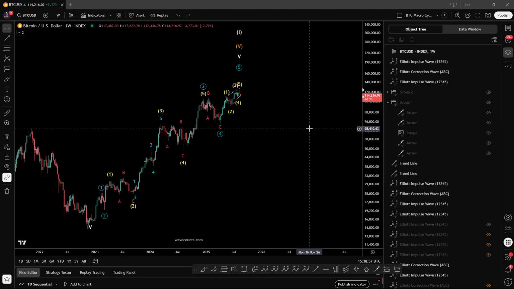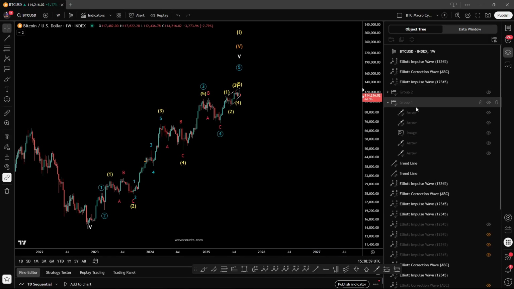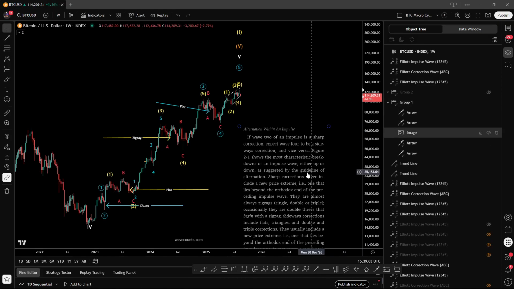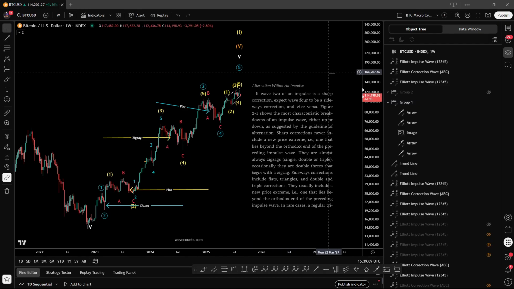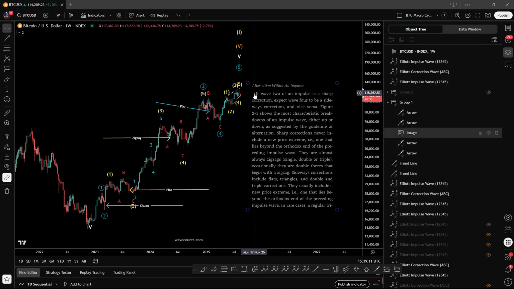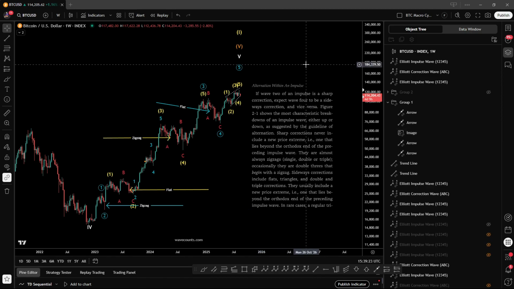Now let's dig into some guidelines. I pulled up the first guideline here, and this is the guideline of alternation. This is directly from the book. If wave 2 of an impulse is a sharp correction, expect wave 4 to be a sideways correction, and vice versa.